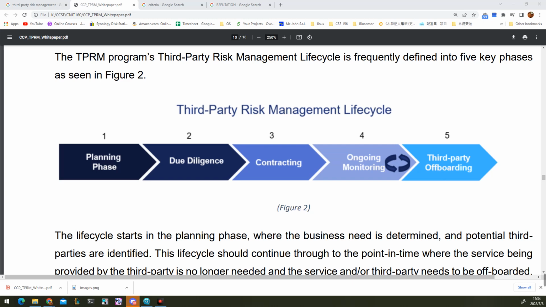In this item, it means how to protect our data from the third party, like transfer, deliverables, and obtaining data destruction certification. Once the third party is offboarded, how do we protect our data and our system, and how do we remove them from our system. That is the third party risk management life cycle. Thank you so much.